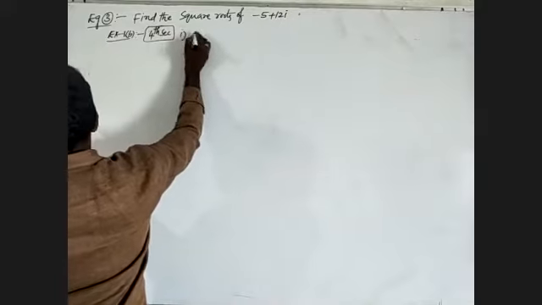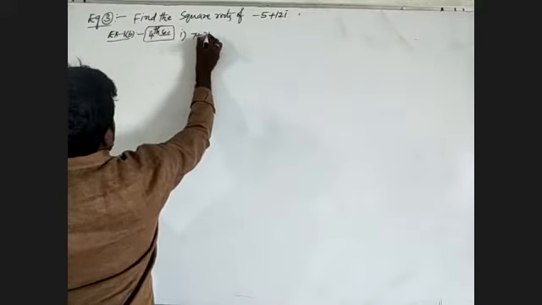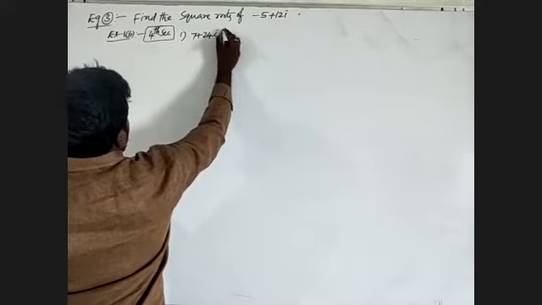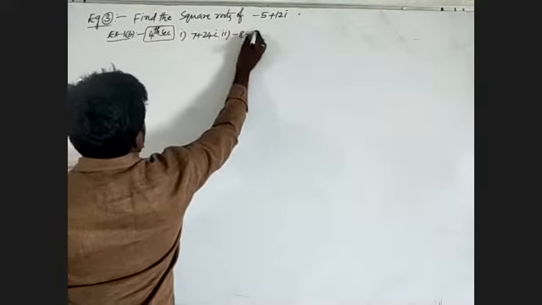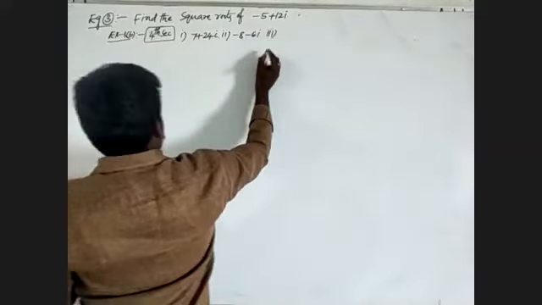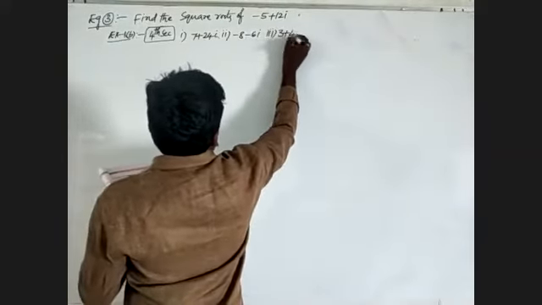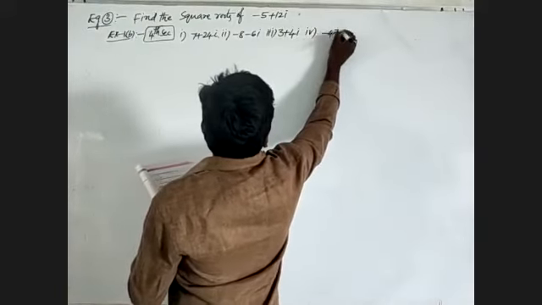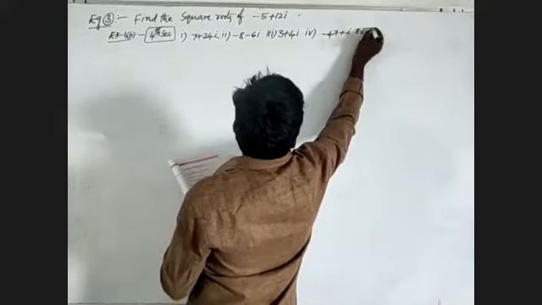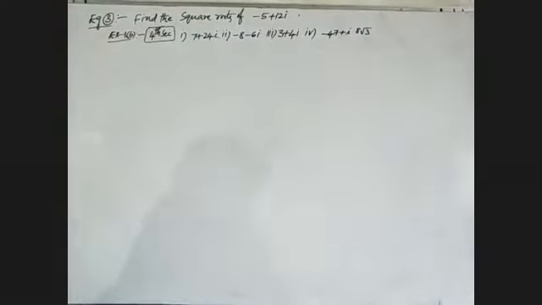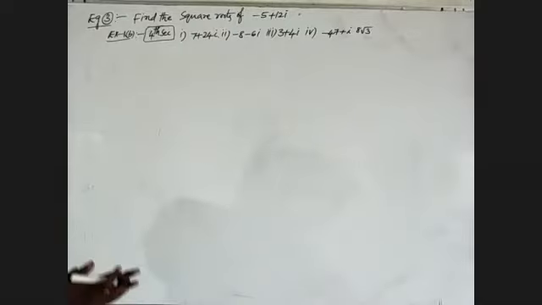The first one is 7 plus 24i, and the second one is minus 8 minus 6i. The third one is 3 plus 4i. The fourth one is minus 47 plus i into 8 root 3.